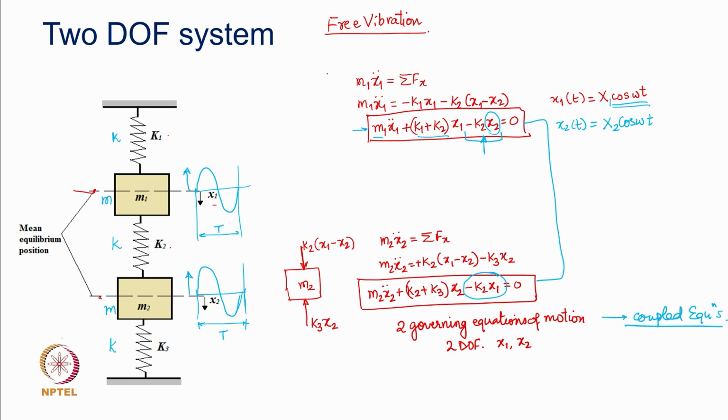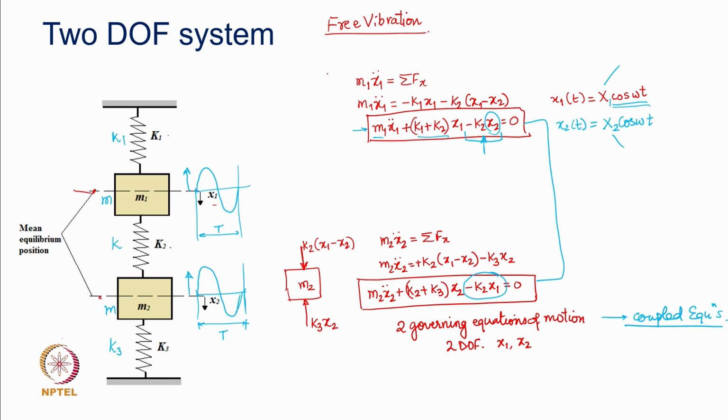Now, here of course, we have assumed k1 and k3 to be k, but if the stiffnesses are different, maybe this is k1 and this is k3, then perhaps the amplitude could be different. Okay. So, we are considering here a case where the two masses move with the same frequency, okay.